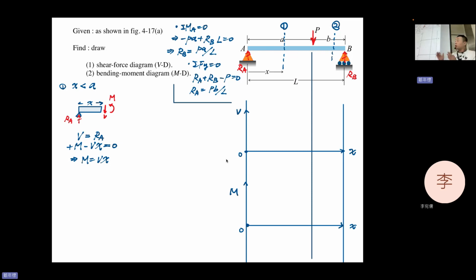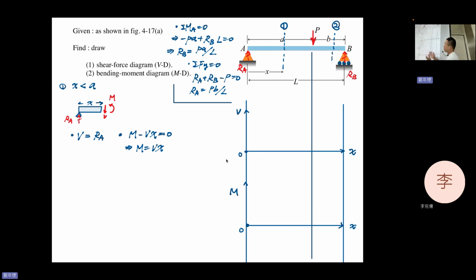Okay, so when x less than a, we have this force diagram, and then we can solve V equal to R_A. Let me, do you think this one will be better? Do you think it's better? And we delete M plus. Right.